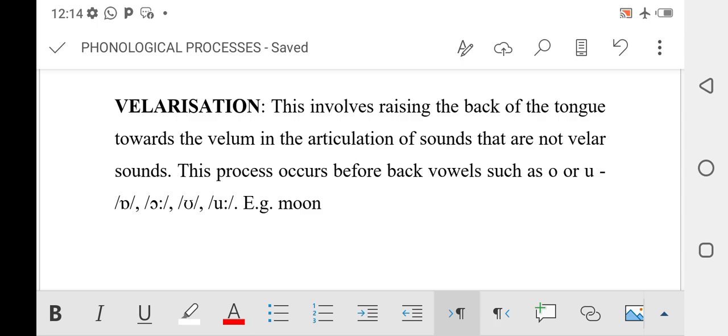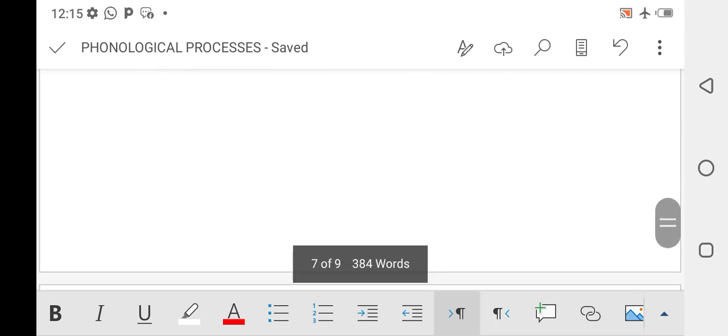But when m occurs with u as in moon, the m becomes velarized. Okay, so when you want to call moon, the tendency of the sound going into the velum or coming from the velum is there, and so that m in moon has become velarized. Okay, you can make other examples for yourself.